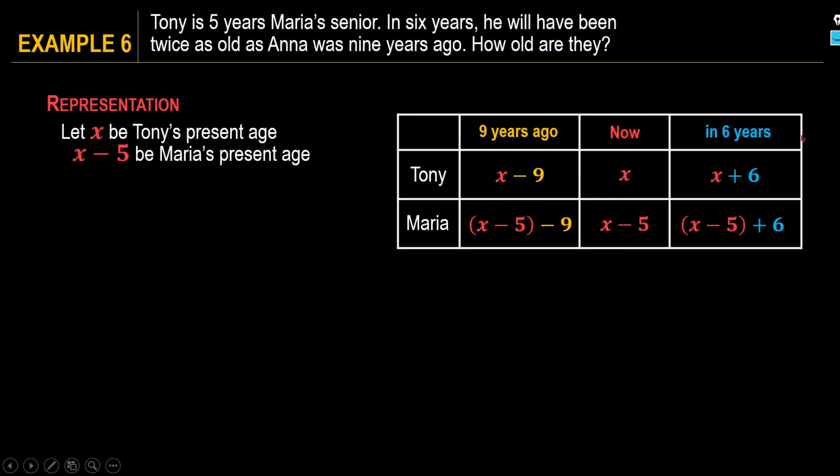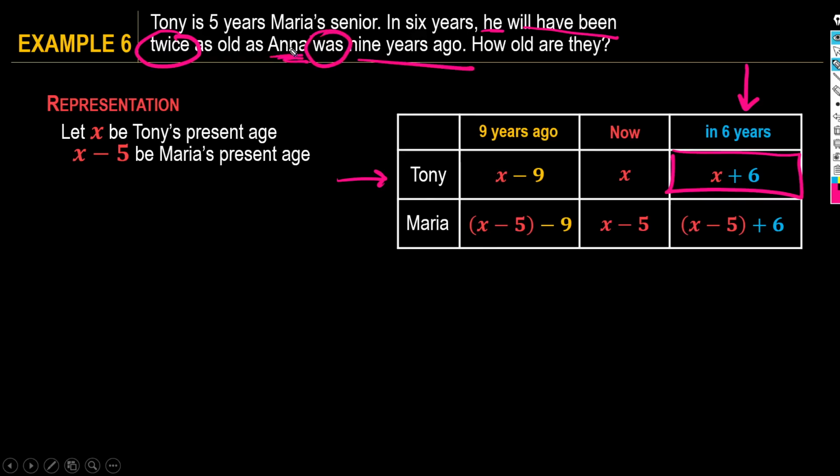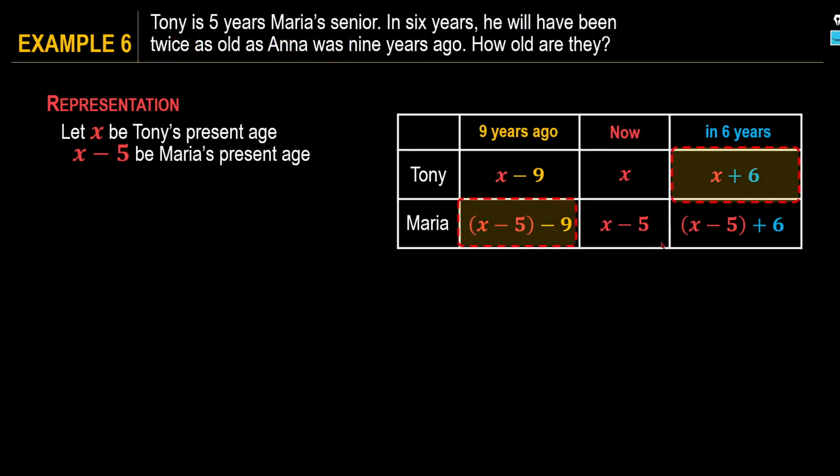Now, we look at the problem. Second sentence. In 6 years, he, si Tony, will have been twice as old as Anna was 9 years ago. Ito na naman si Ana. Sorry, Maria nga pala yan. Maria was 9 years ago. So yung key sa aking equation are these two cells.